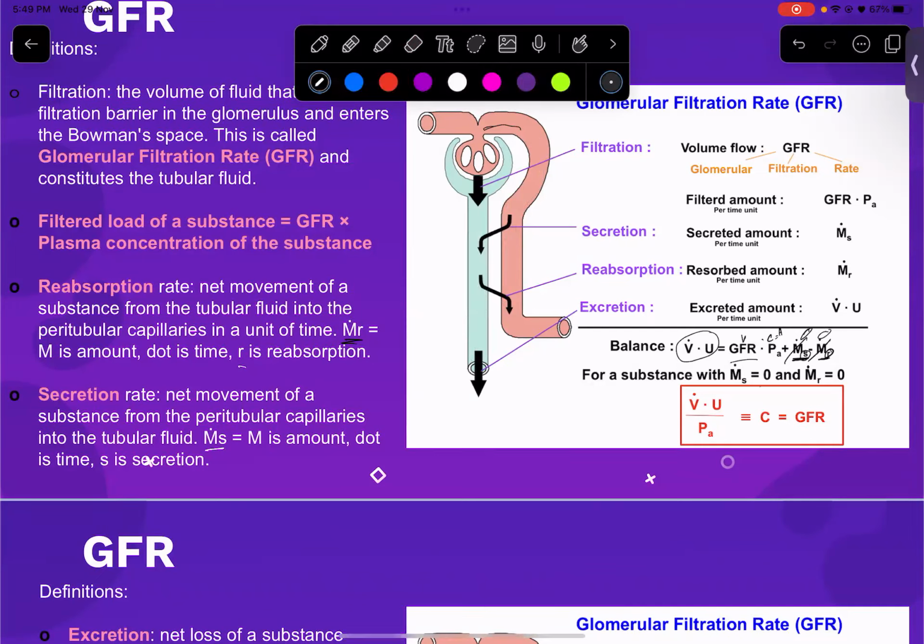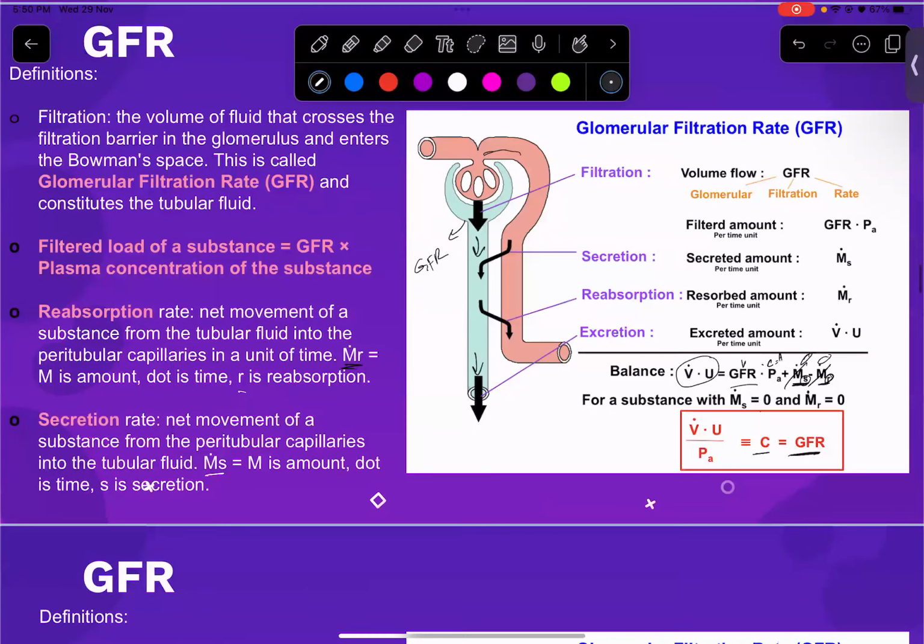If a substance is neither secreted nor reabsorbed, whatever is being filtered is whatever is getting out as well. And we know that what is being filtered is always GFR. So if we put this in formula form, GFR is equal to clearance, which is the urine flow multiplied by the concentration of the substance divided by the concentration of the substance in the plasma.